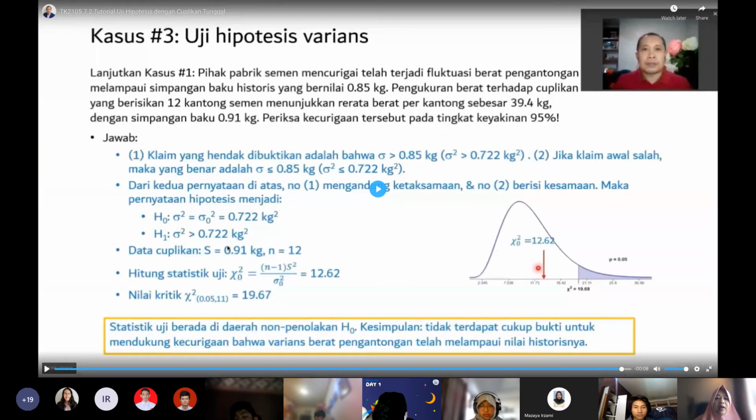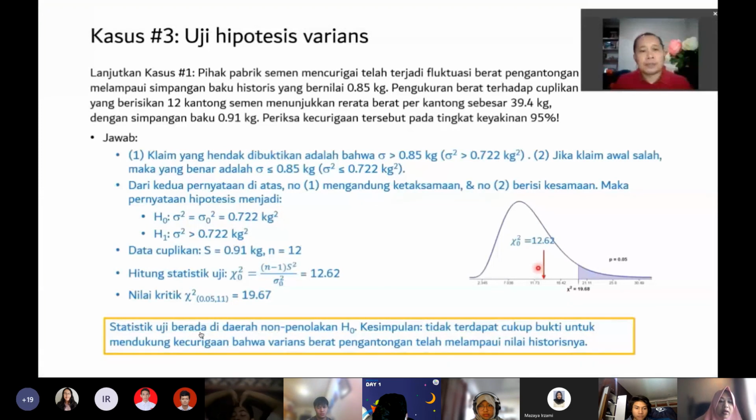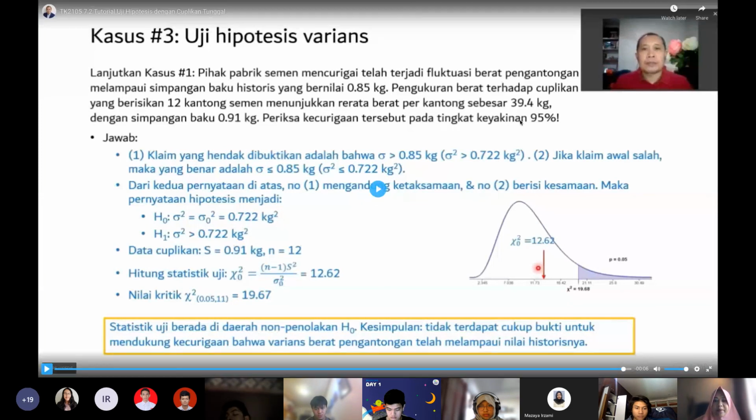But then also the population standard deviation is 0.85. So the sigma square becomes 0.85 square.